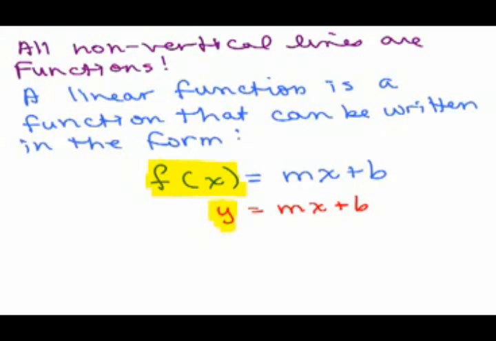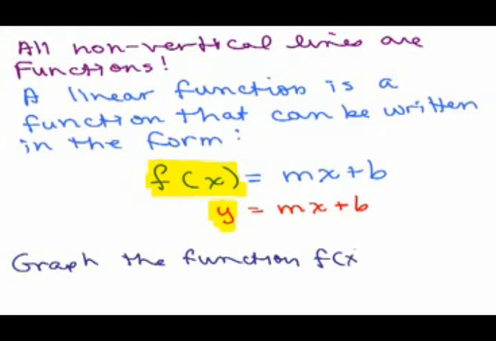So now the question is, how would we graph a line, but if it's written in funny language, somebody might say, graph the function f of x equals negative 2x plus 1.